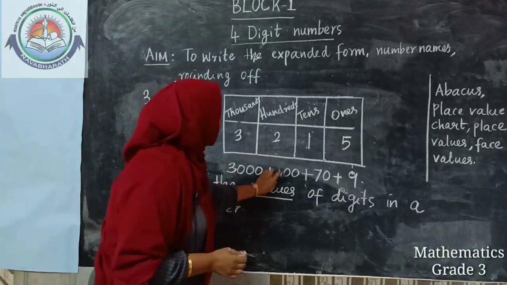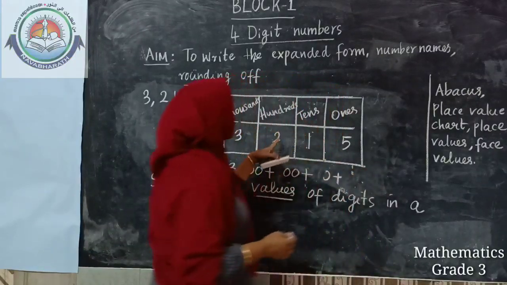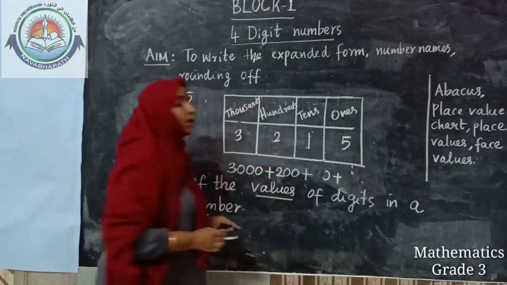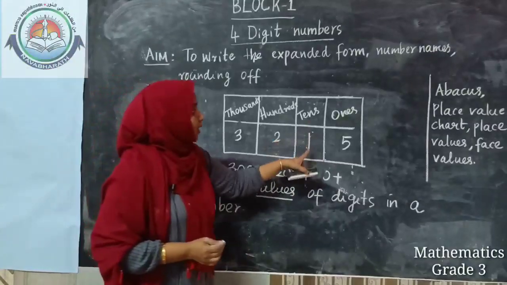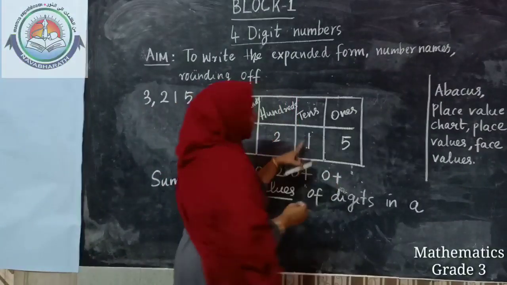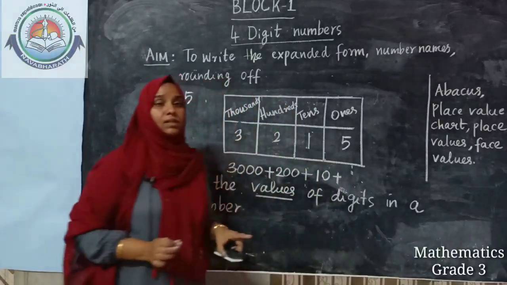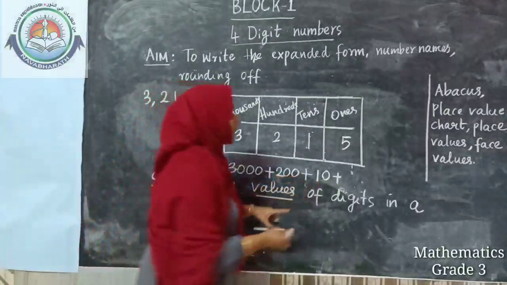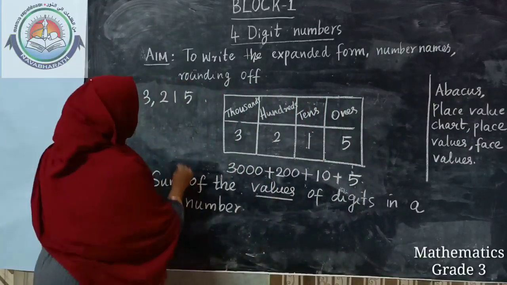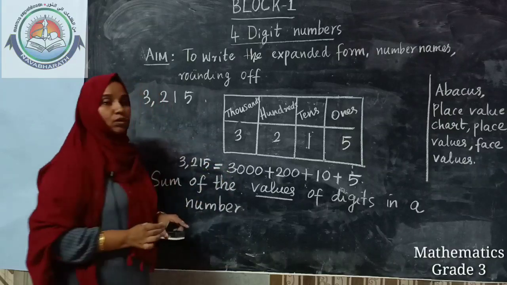And 200s are here, so the value is 200. Then in the tens place the digit is 1, so this value is 10, and in the ones place it is 5. This is the expanded form of 3215. Okay, clear?